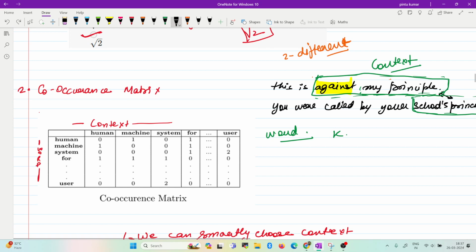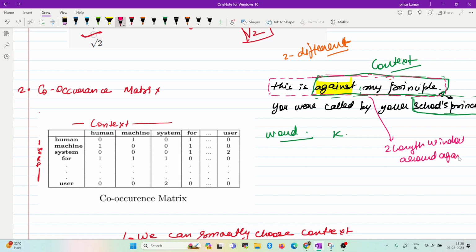So a two-length window around the word "against" can be that you look at two words before that and two words after that. You will refer to this as a two-length window around, let's say, "against".